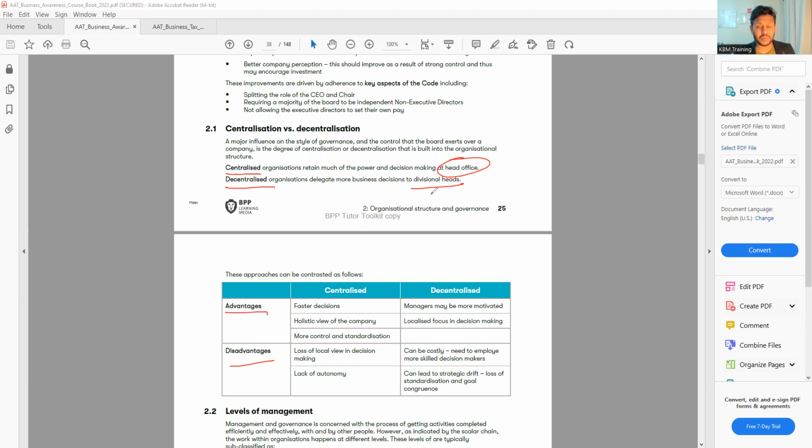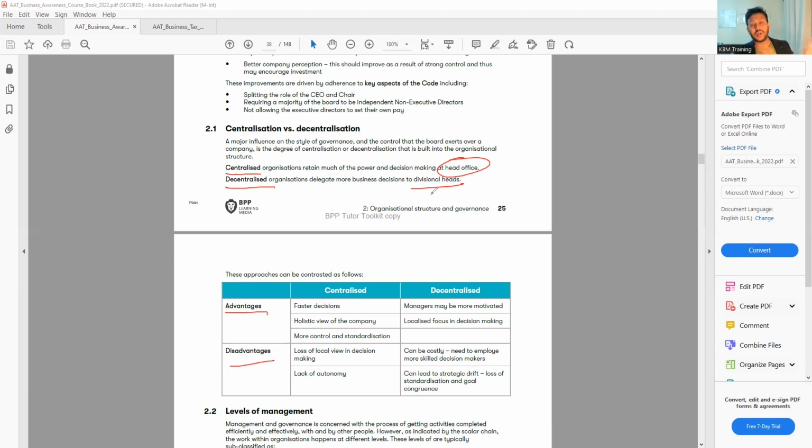For example, it is possible one company has three products. If you look at Lloyds Group, they have Lloyds Pharma, they have Lloyds Bank, and they have Halifax Bank. So they have three products. Now, if they take decisions centrally for all three products, it will be time consuming and the decisions will not be faster.